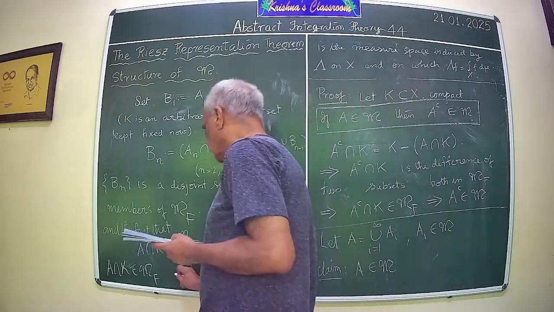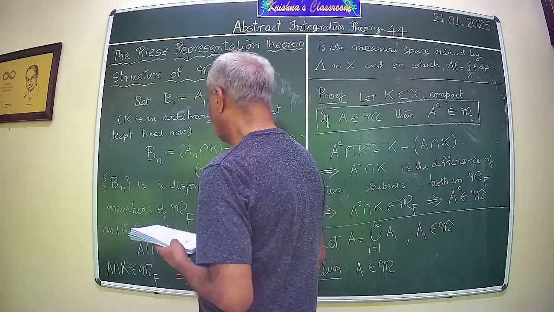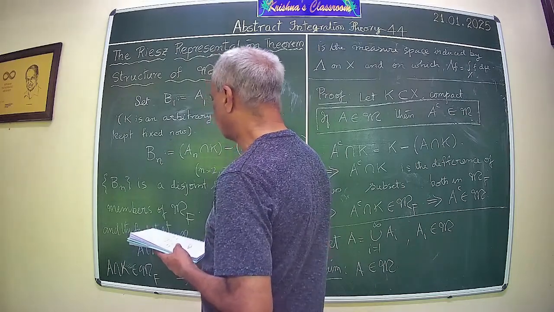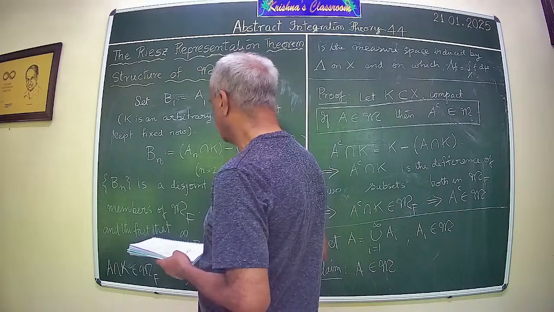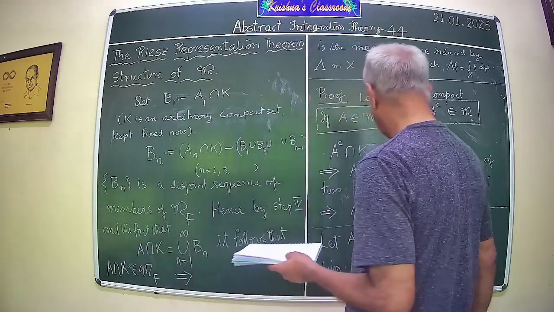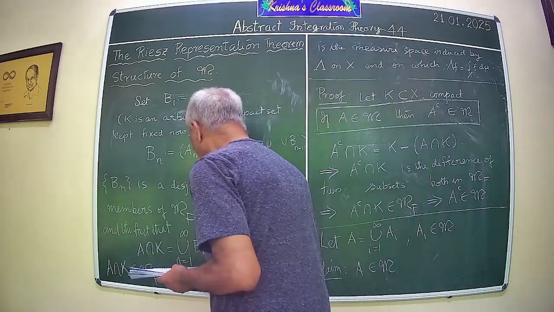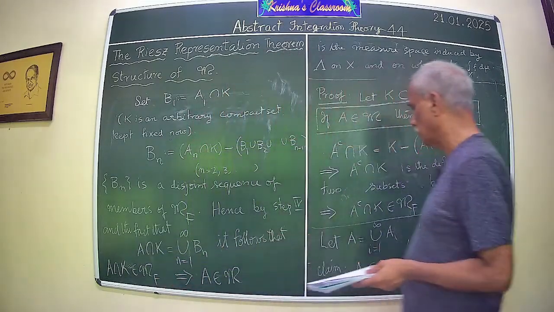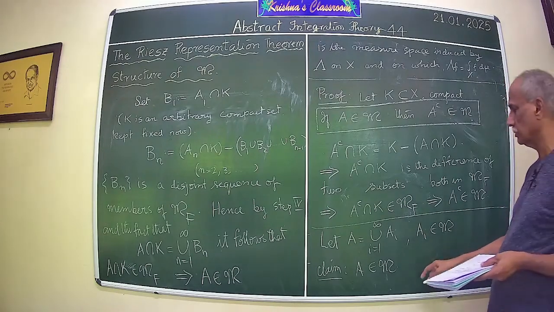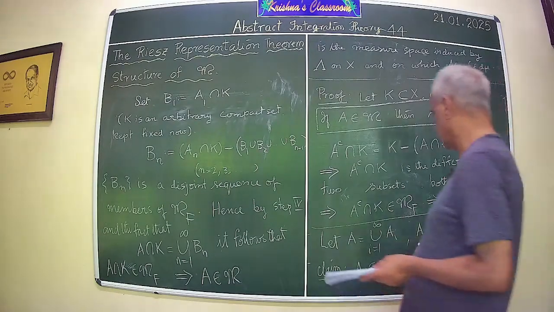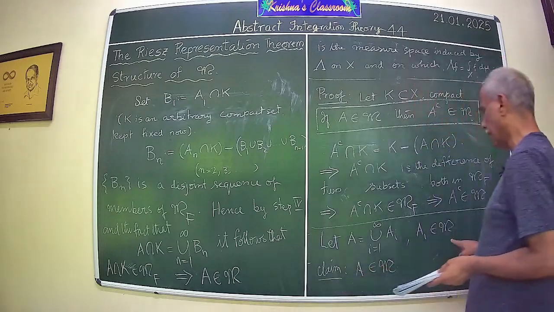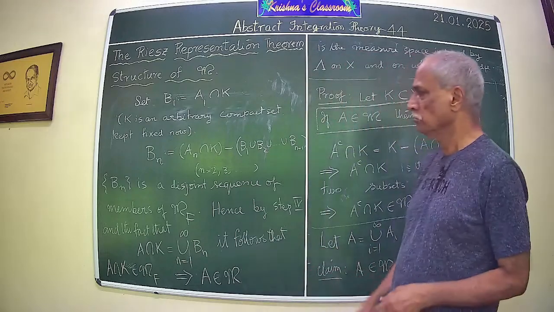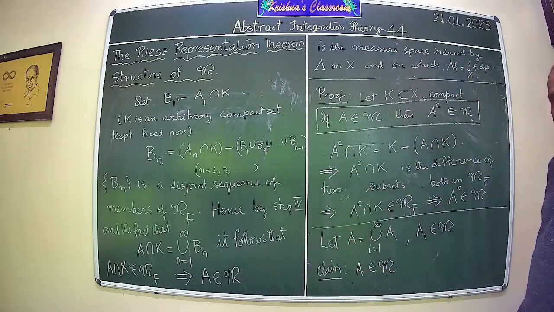Therefore, that's what we wanted to prove. We started with the assumption that A_i are all elements of M, then their countable union is also an element of M. Now you see everything is clear now. Okay.